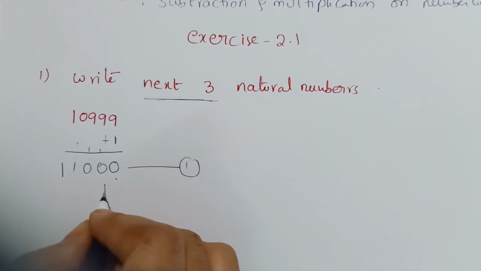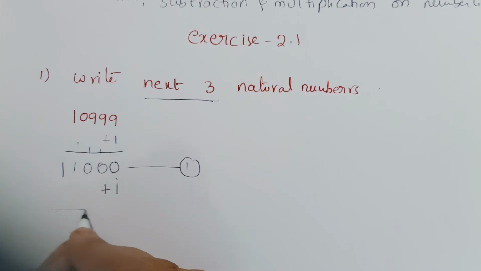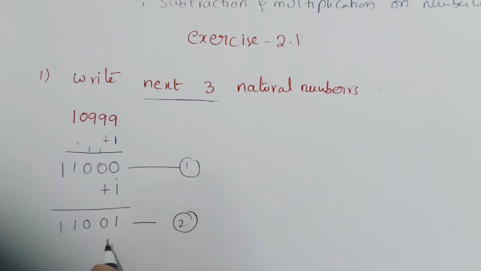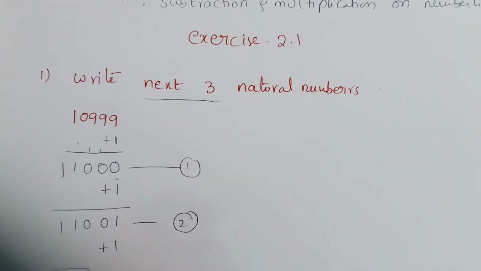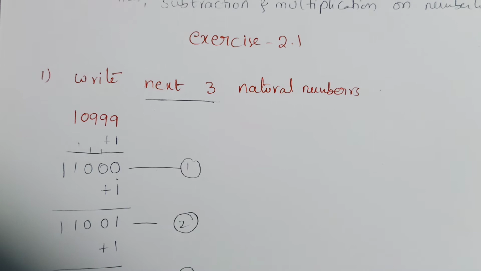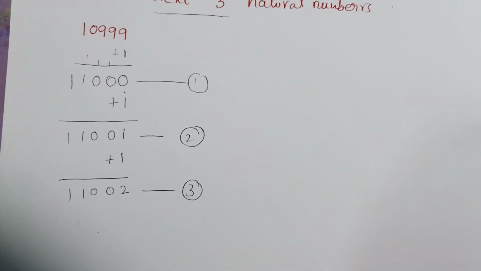Now add +1 again and you get another natural number. Add +1 again and you get one more. If you add +1 again, you get 11002. This is one more natural number.